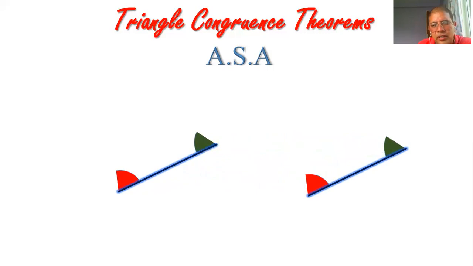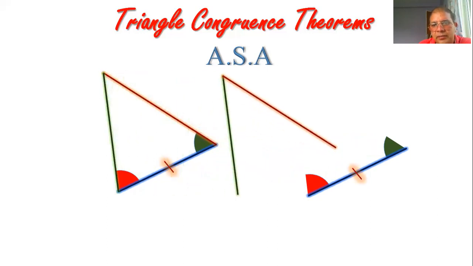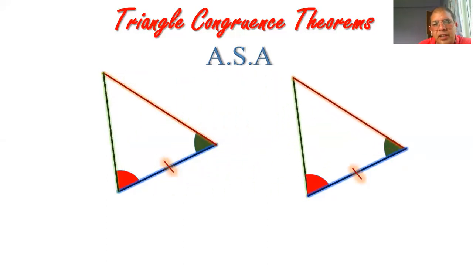Then you get angle, side, angle continuously, look there, continuously in both figures. Then after this, the side is also equal, then join these two sides. When you do, you get two triangles. Now you can see these two triangles are congruent.